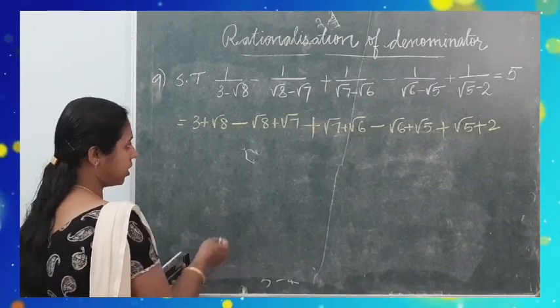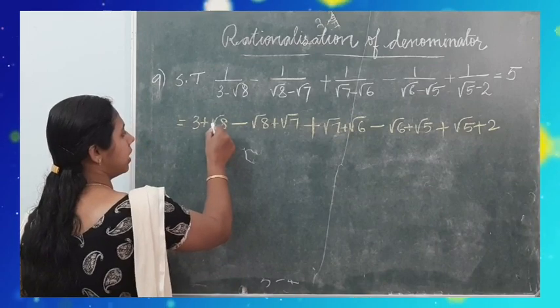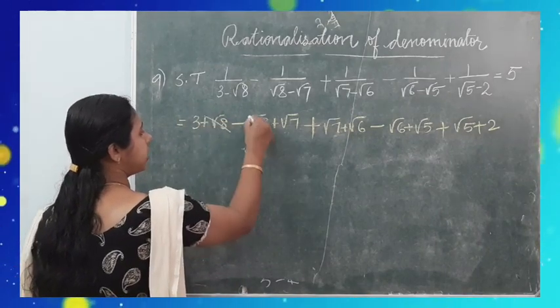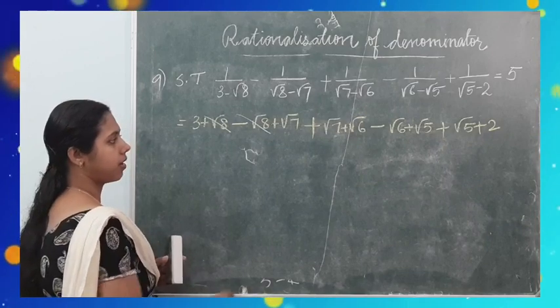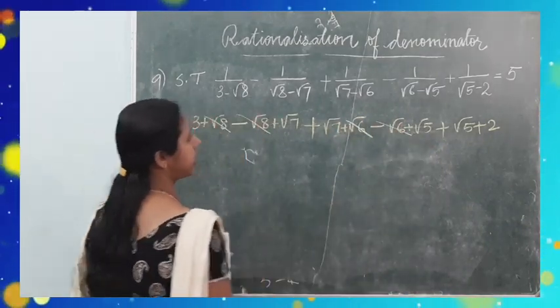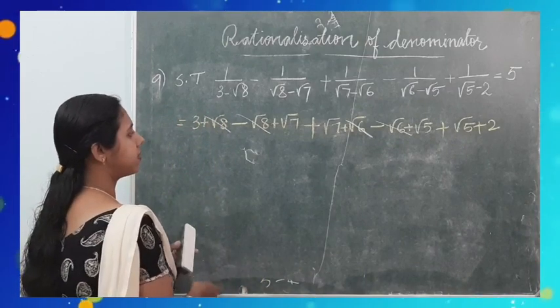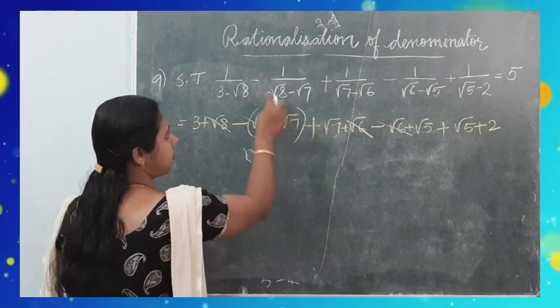Now look here, you can add the like terms. Plus root 8 and minus root 8 are cancelled. Plus root 6 and minus root 6 are cancelled. And remember, it will be in brackets because it is a subtraction.